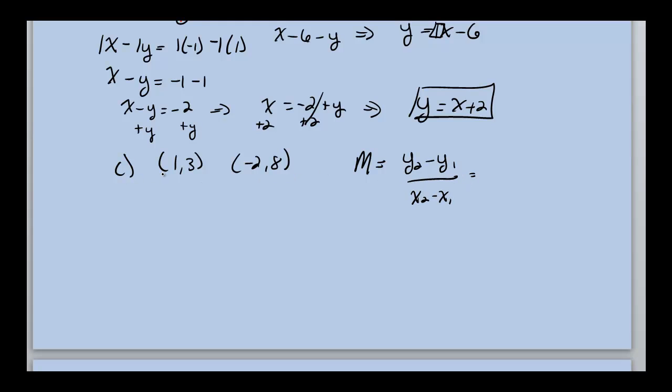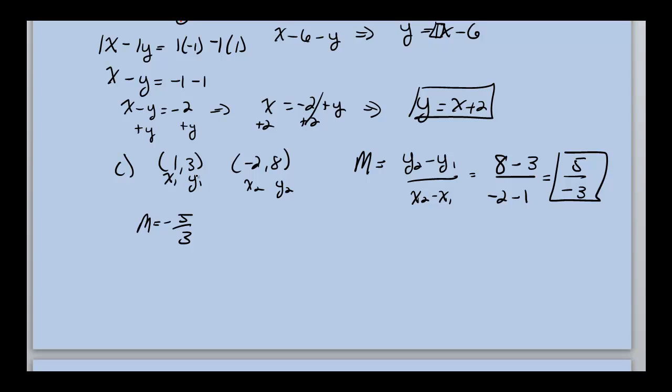Plugging this in, I will label this as my x1, my y1, my x2, and my y2. I'm going to have 8 minus y1, which is 3, all over x2, which is negative 2, minus x1, which is the value of 1. 8 minus 3 is 5, all over negative 2 minus 1 is negative 3. So my slope is equal to negative 5/3.